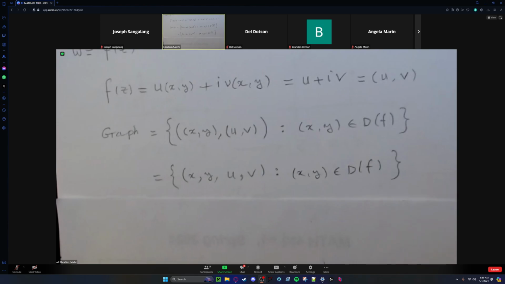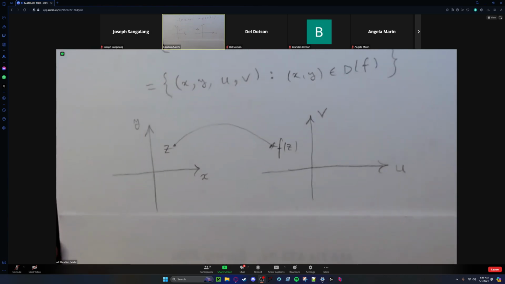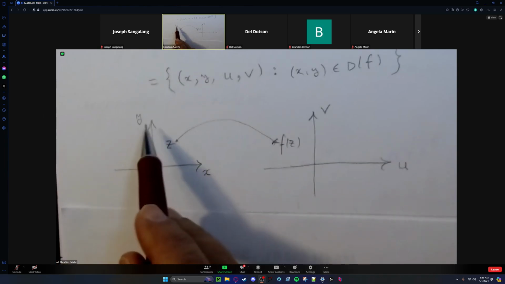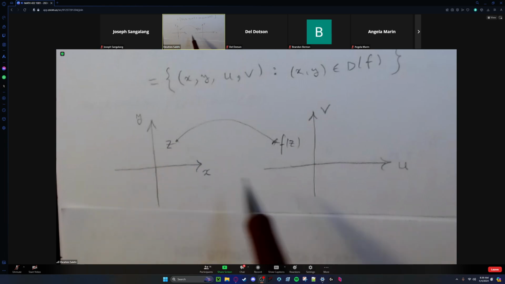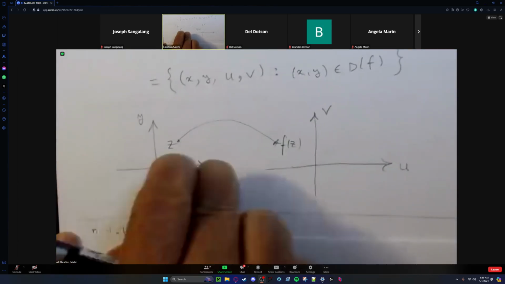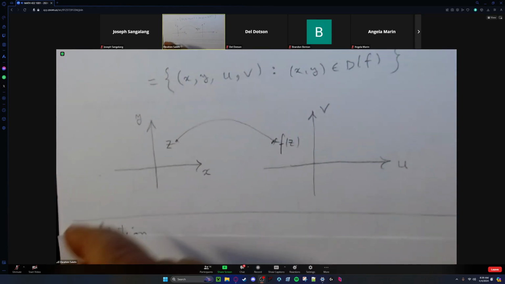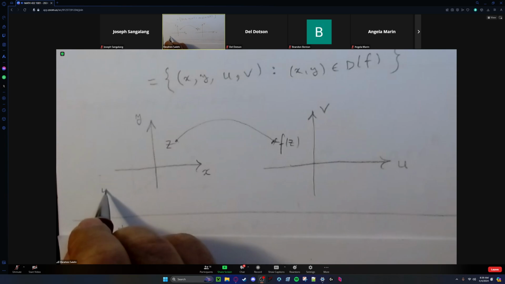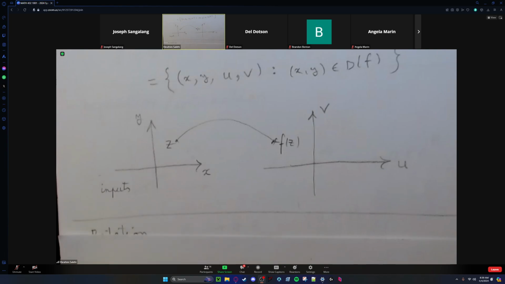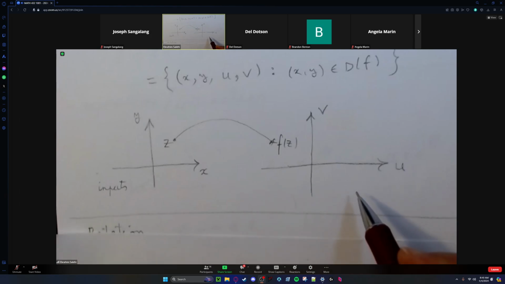What is the solution then? The solution is here. We will have two coordinate axes, one for inputs, the other one for the outputs. So we choose the input from here, and we plot the outputs in the other coordinate axis.